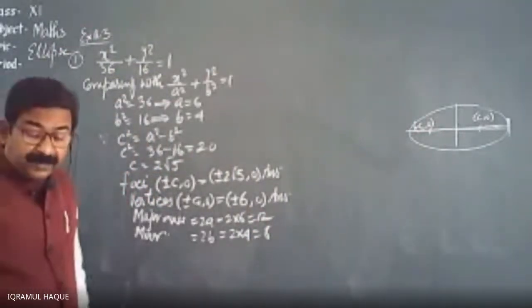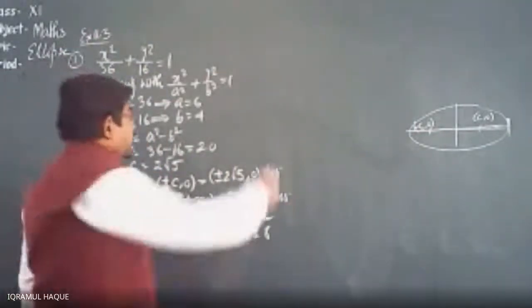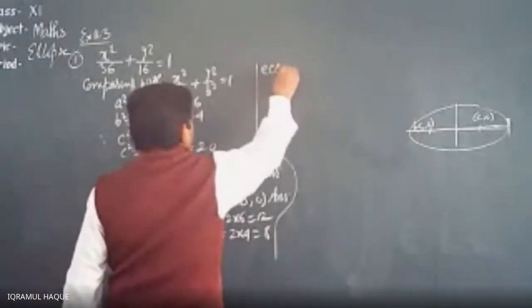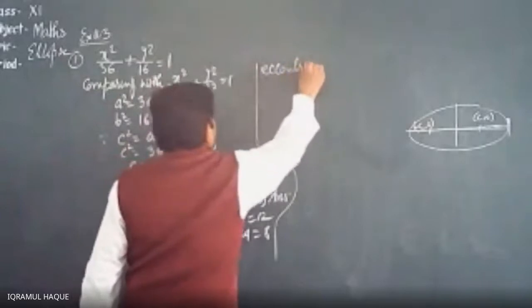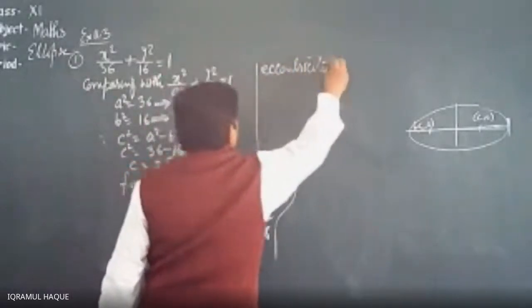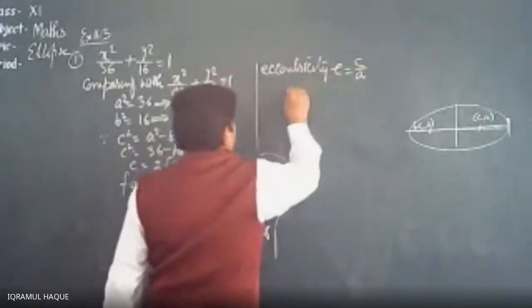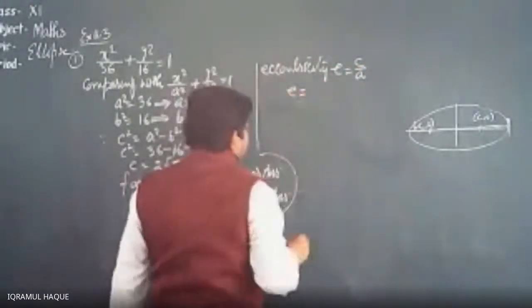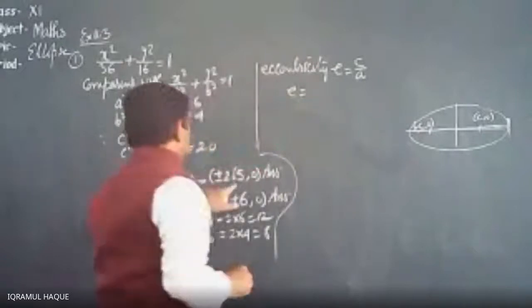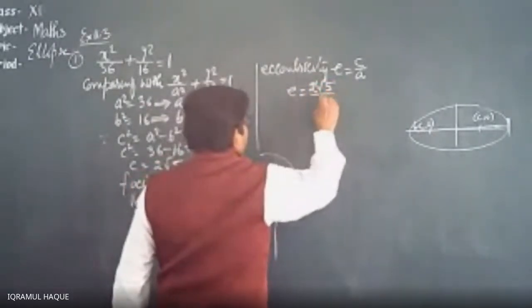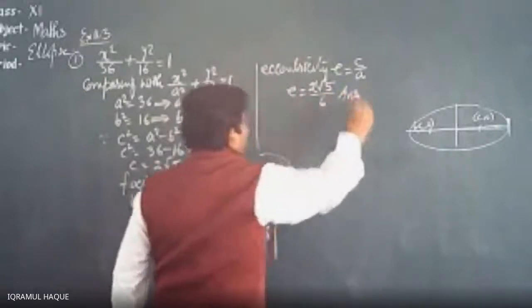Now we have to find eccentricity. e is equal to c upon a. So e is equal to 2 root 5 upon 6 is the answer.